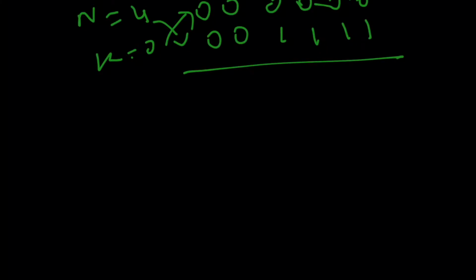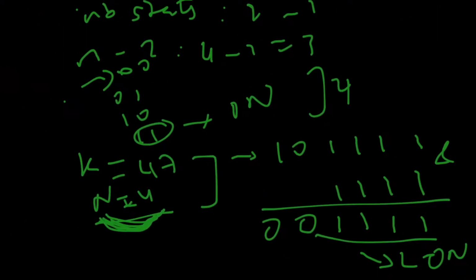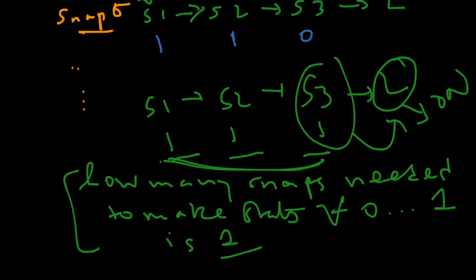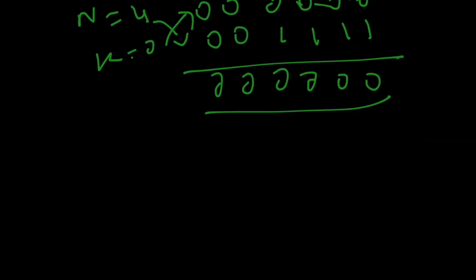Here all of them are 0, which means our light would certainly be off, so we can directly return off.